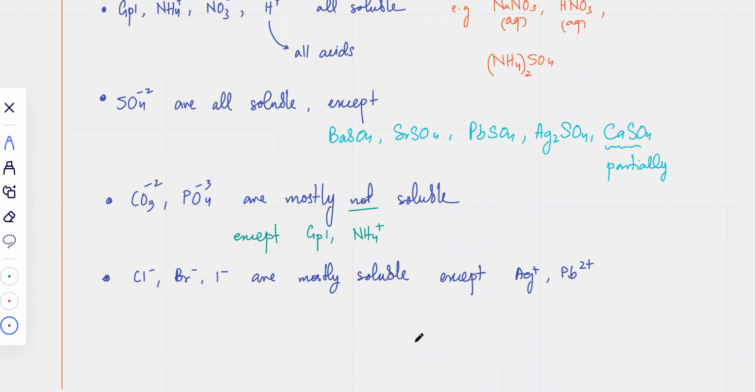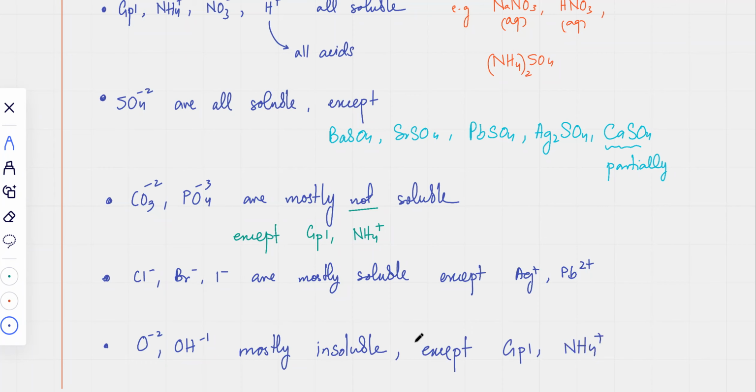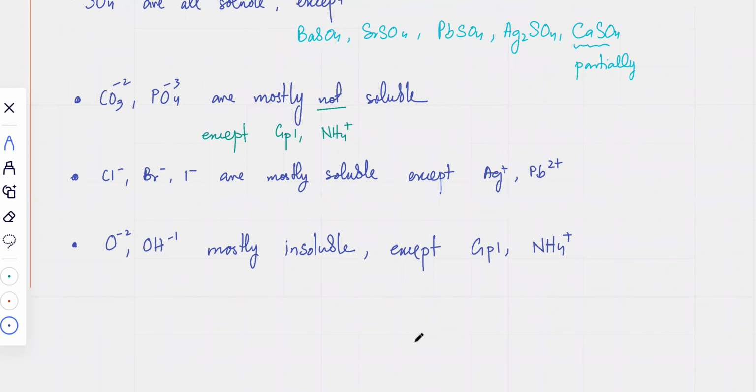What about oxides and hydroxides? So oxides, hydroxides. With these, they are mostly insoluble, except group 1 and NH4. We already discussed that anything that has group 1 or NH4 plus 1 in it is going to be soluble. So except group 1 and NH4 plus 1, and some in group 2.